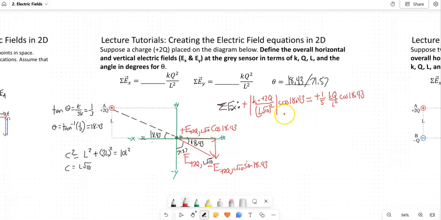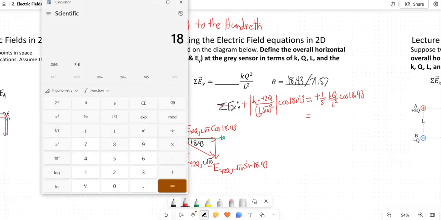So this is going to end up becoming, and I'm going to write a number, and we want to round to the 100th. Okay, so let's go ahead and do that here. So whatever the cosine of 18.43 is, divided by 5.